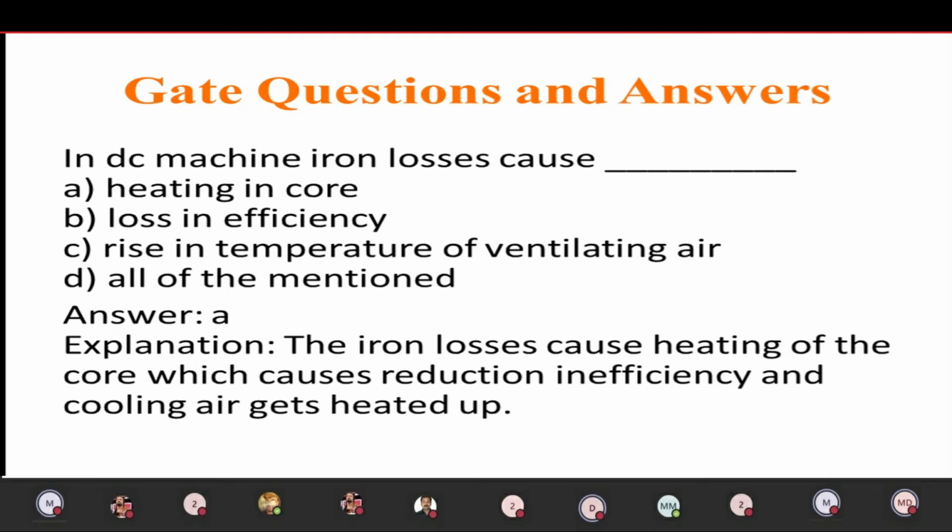We know that all the losses produced in the machine, even though they have many names, are dissipated in the form of heat only. So removing the heat from the machine is a major task in the design of a machine. So here, DC machine iron losses cause heating in the core.